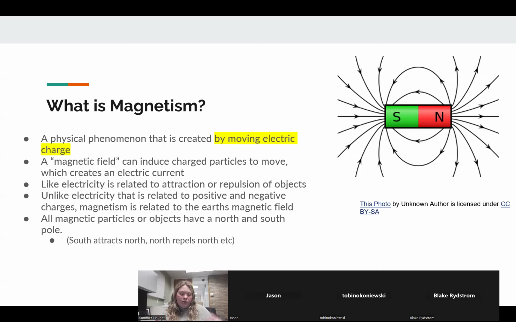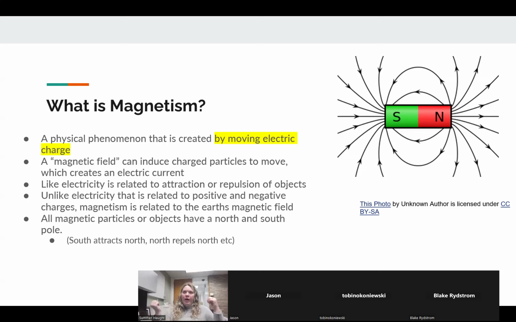So similar to electricity, where positive attracts negative and negative repels negative, south attracts north and north repels north. So like charges repel, opposite charges attract. And that's easy to visualize with a magnet, right?